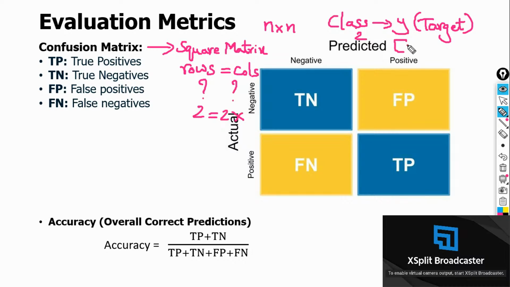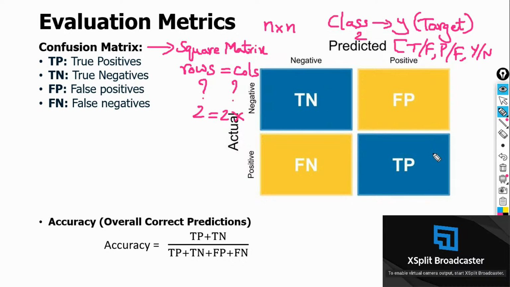For example, true, false, or pass, fail, yes, no. All of these fall under a two class problem, where you will have exactly two categories under your Y column. So in these cases, you'll get a confusion matrix with two rows and two columns.